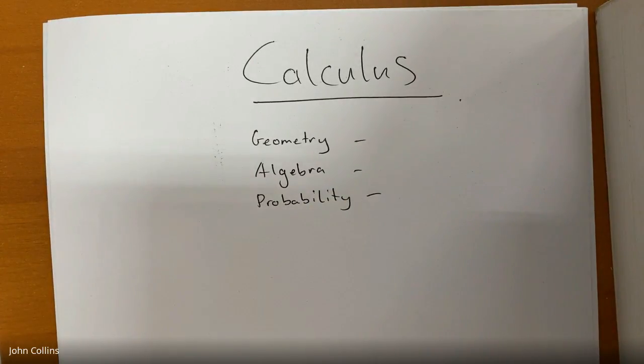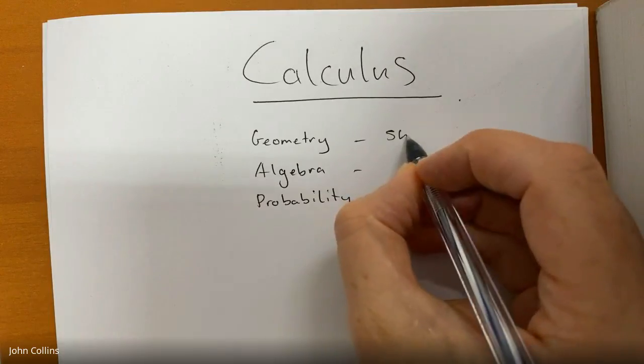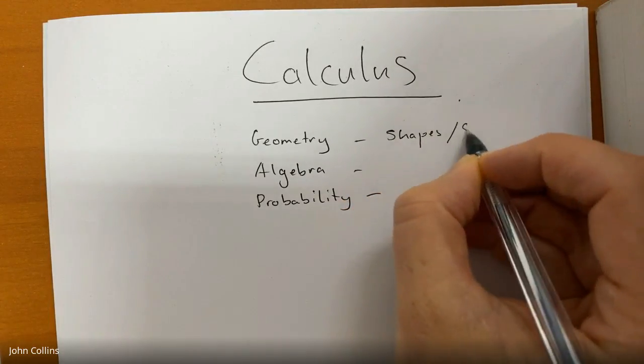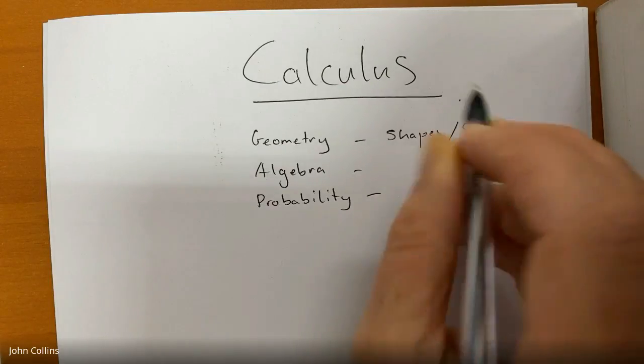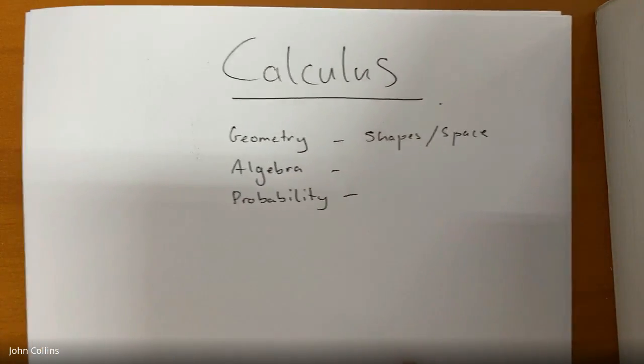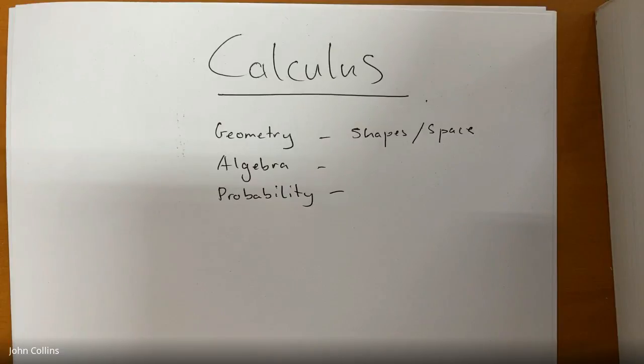What would you say was the idea behind geometry? What does it deal with in general? Shapes. So like shapes and space, spaces in shapes, around shapes. All that. That's geometry pretty much.